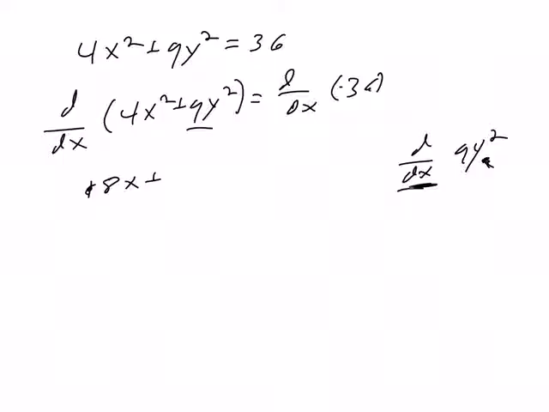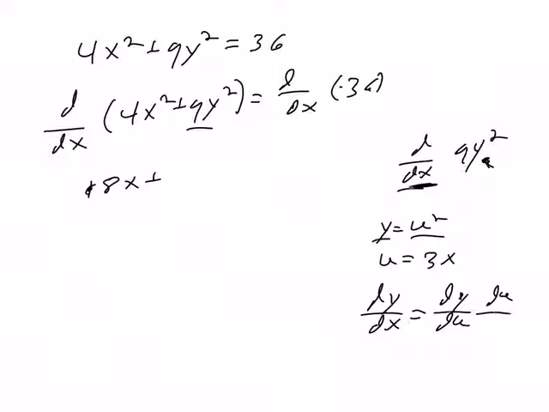Well, we learned that if we have y is equal to u squared and u is equal to 3x, and we want to take dy over dx, well, y is not in terms of x, but u is, so this is the same as taking dy over du and then du over dx.